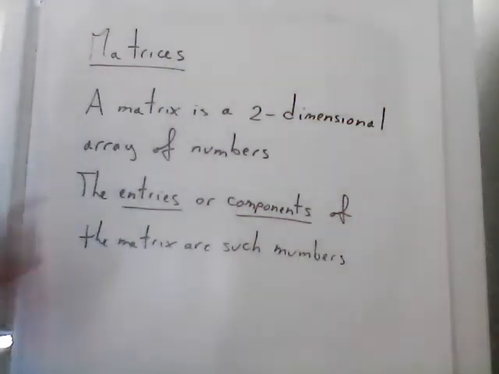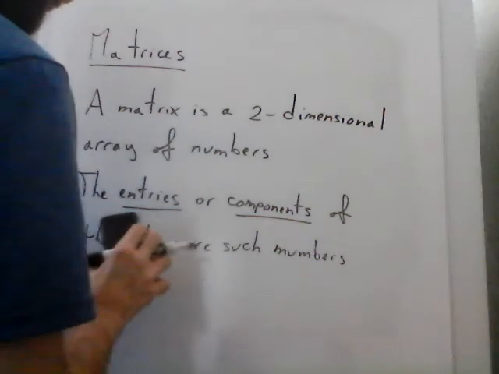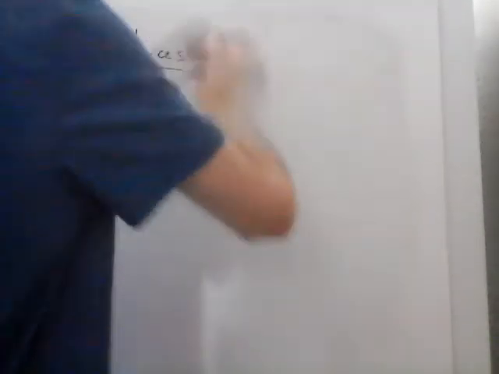Okay, so the numbers in the array are the entries or the components of the matrix. And in general, when we want to refer to a particular entry given the row and the column, we use this notation.